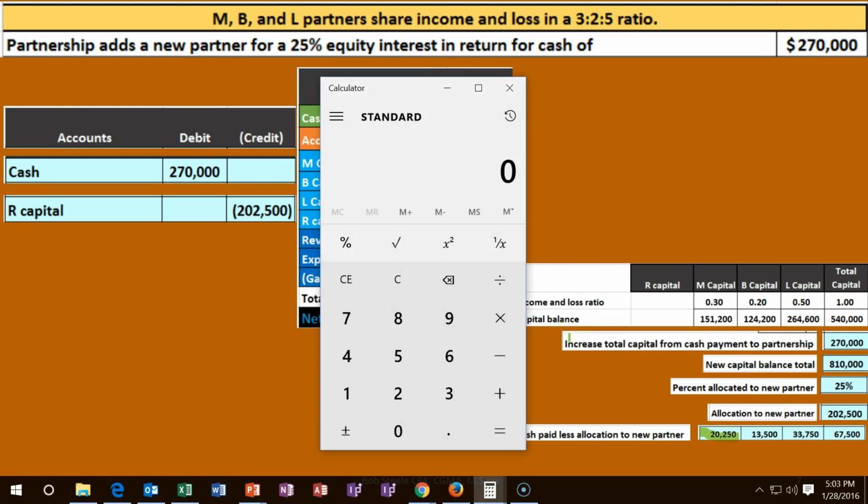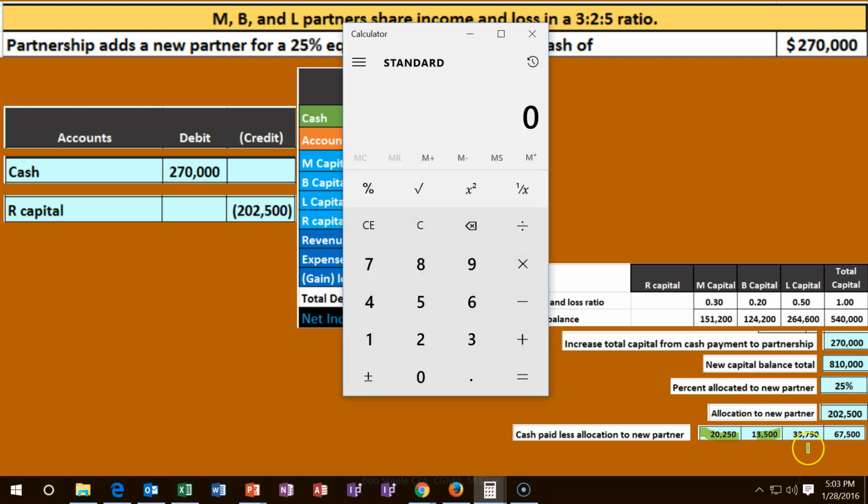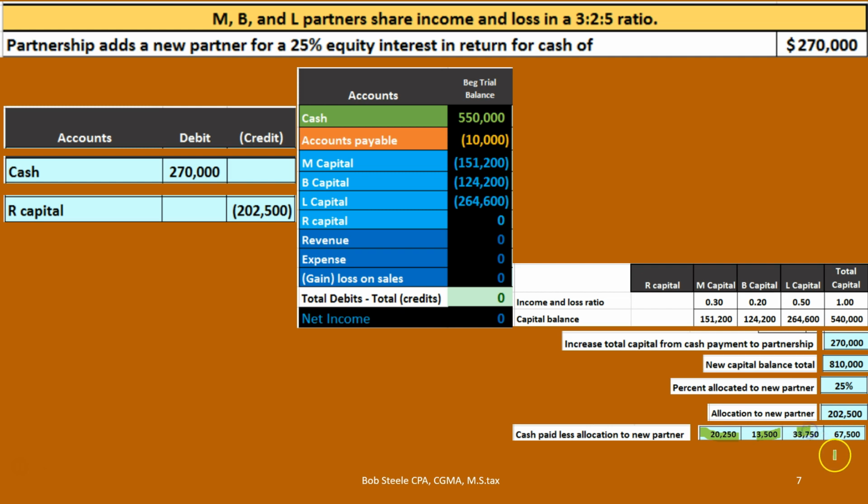So we've got the 67,500 times B's 0.2 profit sharing, which gives us the 13,500 there. And we'll do this one more time. We have L, so we've got the 67,500 times 0.5 for L, and that would be the 33,750. Therefore, this 67,500 will be allocated to M, B, and L at 20,250, 13,500, and 33,750 respectively.